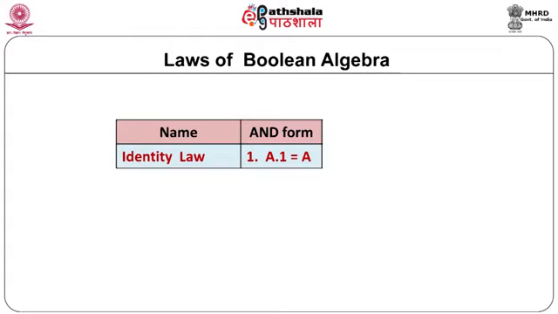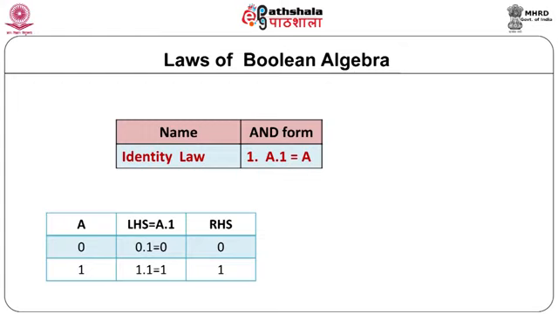To do this, a truth table is built for each side of the equation that appears in the theorem. Then both sides of the equation are checked to see if they yield identical results for all the combinations of values. Let us verify it. If A is 0, the product is 0. Similarly, when A is 1, the multiplication results in 1.